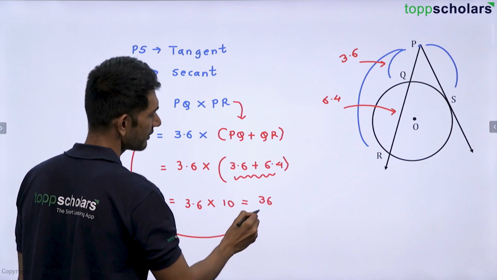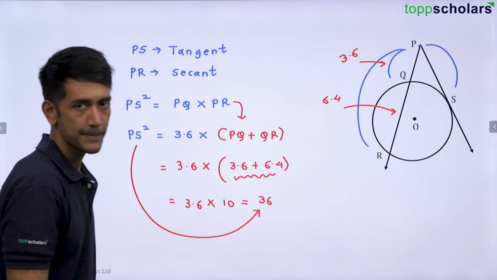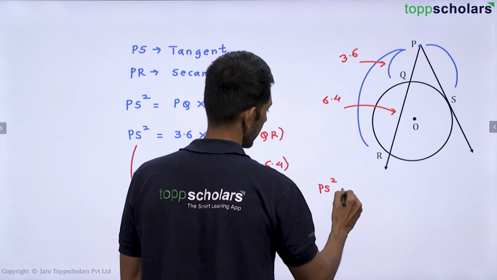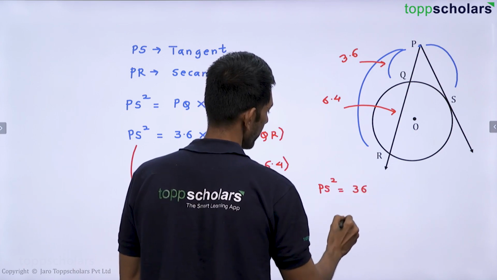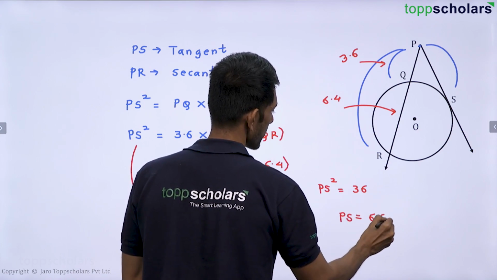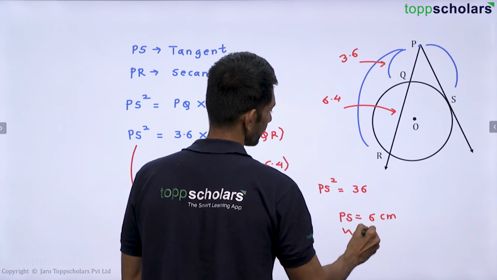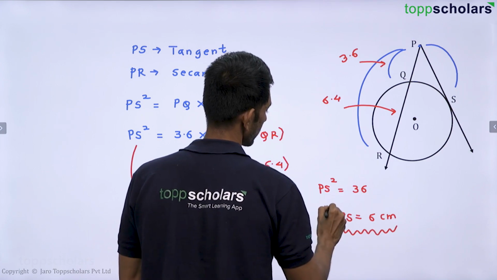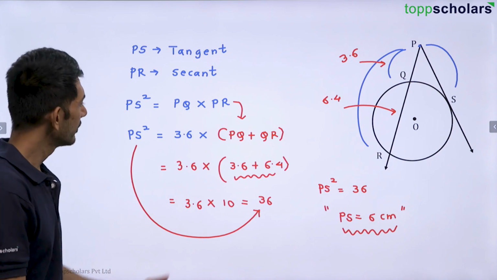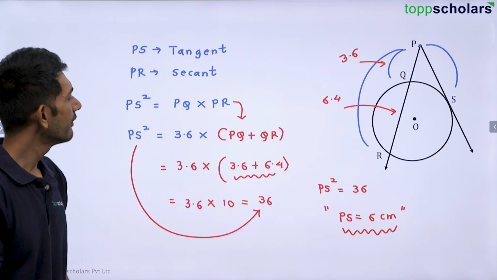So can I say PS square is 36? So we have PS square is 36. So what will be PS? PS will be under root of 36, which is 6. And that is 6 centimeter, correct? So 6 centimeter is the final answer.